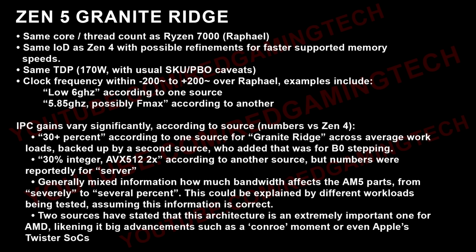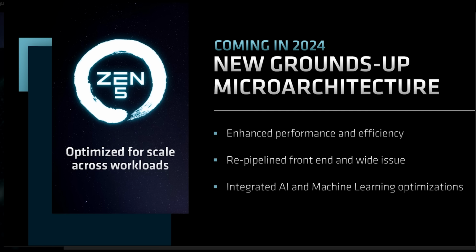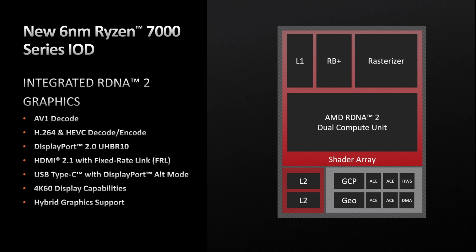AMD's top-end SKU boasts 16 cores with SMT2 support, 1MB of L2 cache per core, and a completely revamped architecture. AMD themselves have basically confirmed in official slides that it's a ground-up redesign. The IOD, or input-output die if you prefer, also carries over from Ryzen 7000, with likely some tweaks having occurred to facilitate faster memory speed.